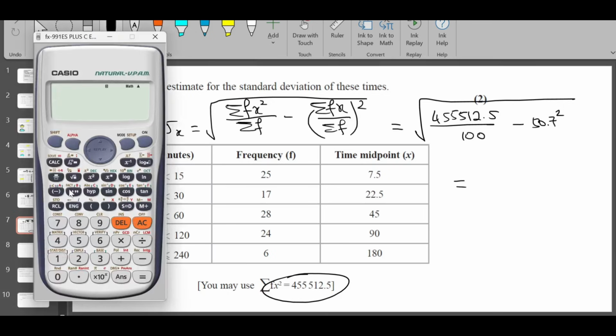So it's the square root of 455,512.5 over 100 minus 50.7 squared.